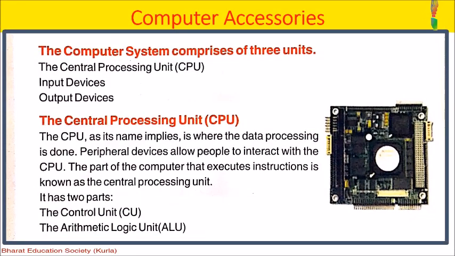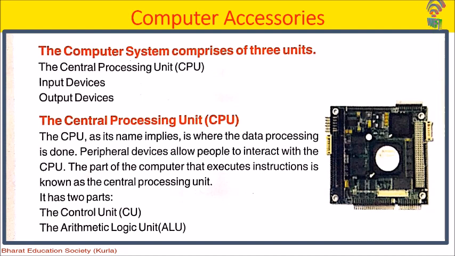Now let us learn. The computer system comprises three units: the central processing unit, that is CPU, input device, and output device. The central processing unit, CPU, is the unit which performs most of the processing work inside a computer. It processes all instructions received by software running on the PC and by other hardware components, and it acts as the most important and powerful device.